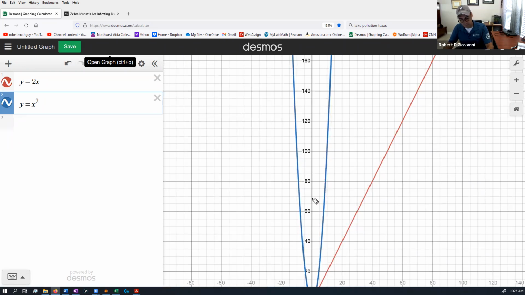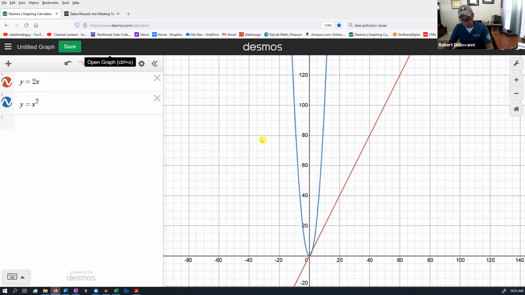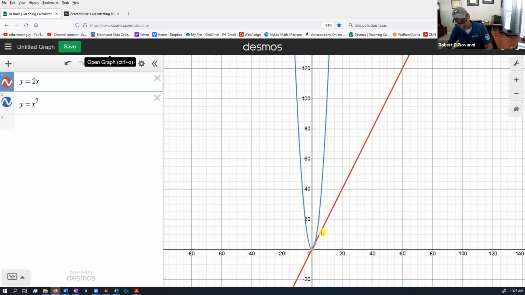So if you were to pick a point on this, here's where it would be on the line, but on the parabola, it would be way up there, right? So the parabola is growing much faster.